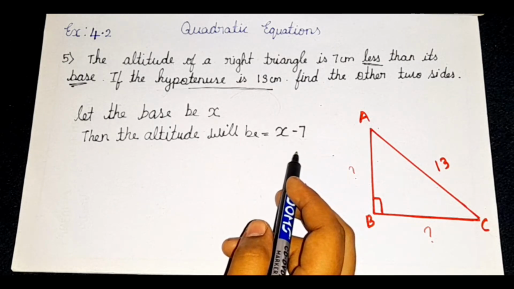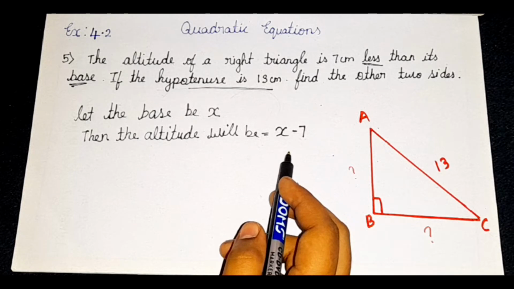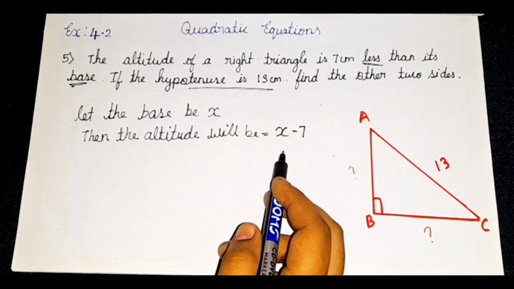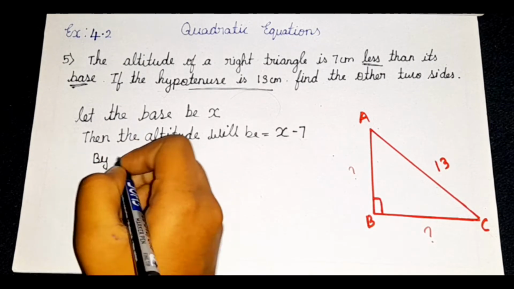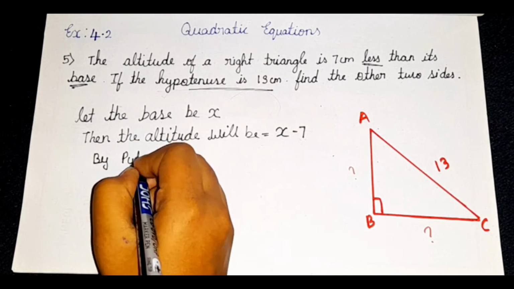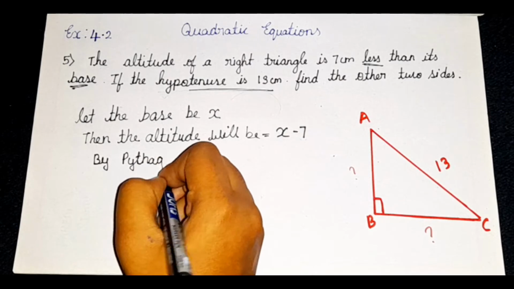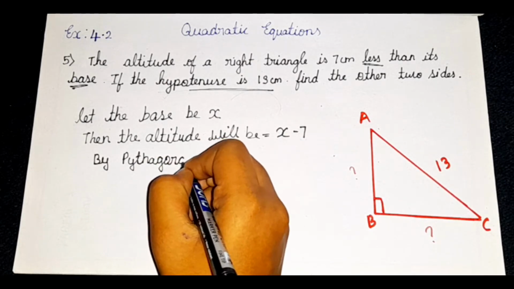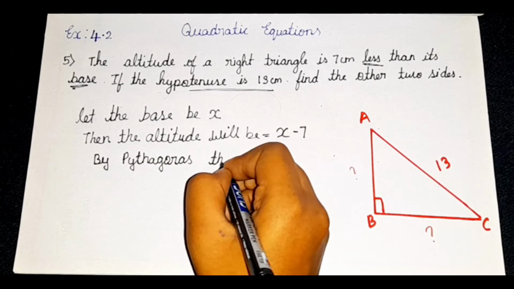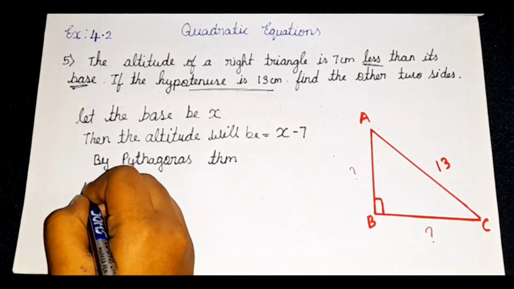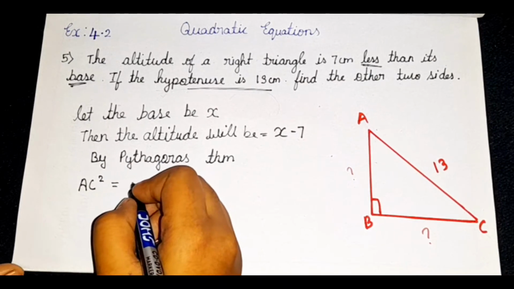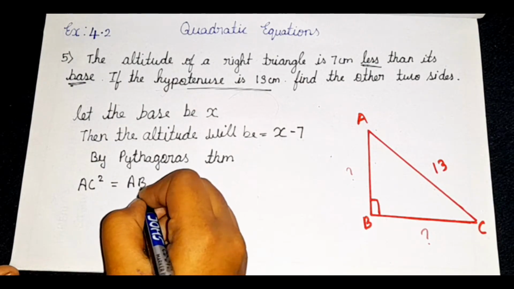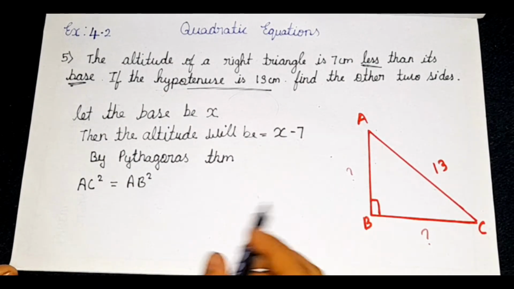Now we are going to apply the Pythagoras theorem. By applying that, we can get the values. Pythagoras theorem means AC square is equal to AB square plus BC square.